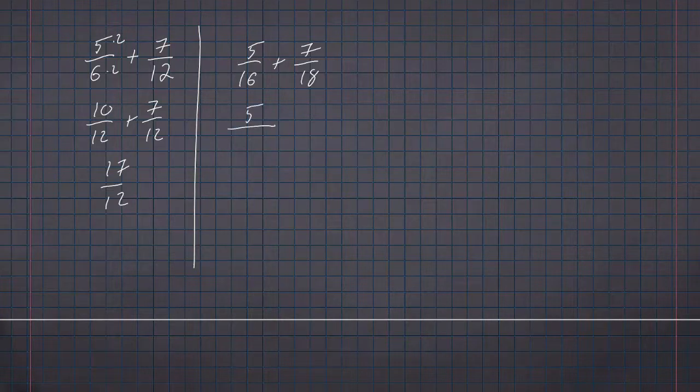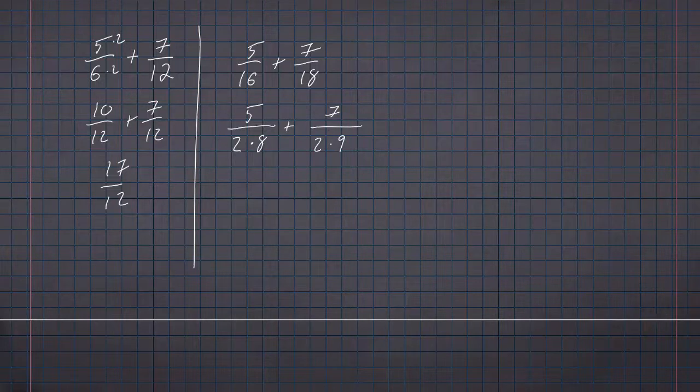One trick that I like to use to save myself a little bit of headache in trying to figure out what do I multiply times 16 and times 18 so that this works out: I noticed that 16 and 18 are both divisible by 2. 16 is 2 times 8, and 18 is 2 times 9.